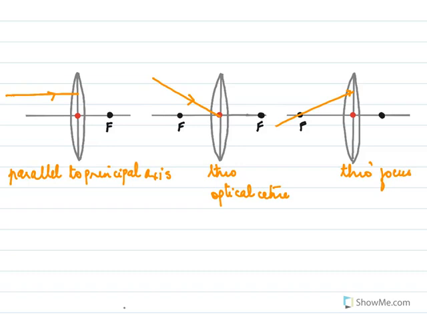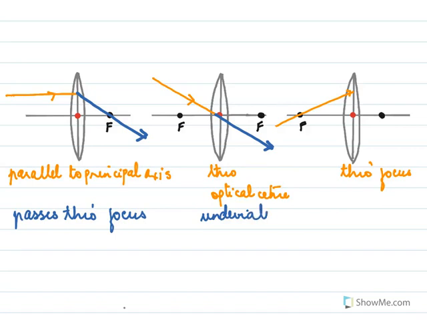The first one, parallel to the principal axis, after refraction will pass through the focus. The one that is passing through the optical center goes undeviated. And the one that comes through the principal focus after refraction goes parallel to the principal axis.